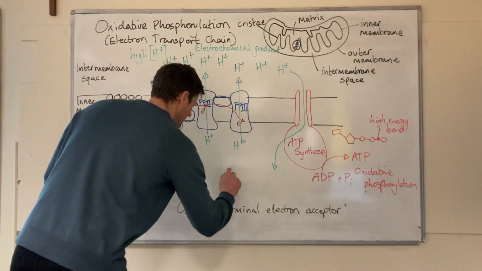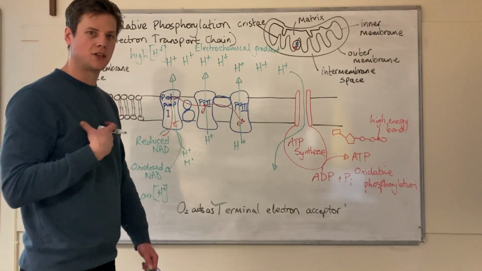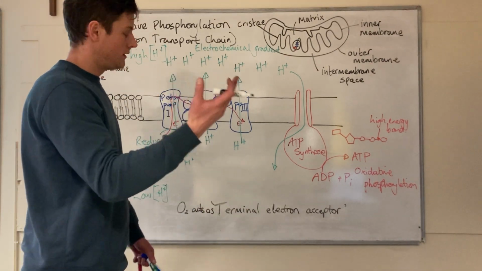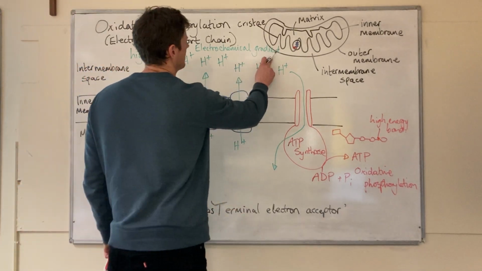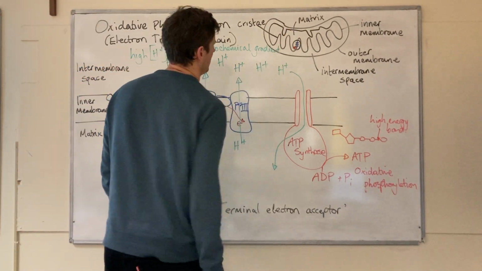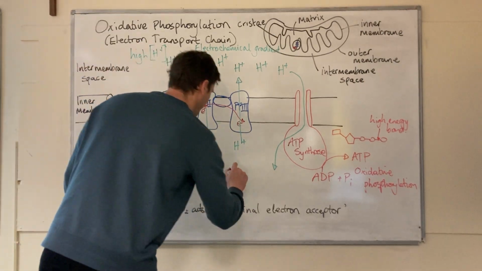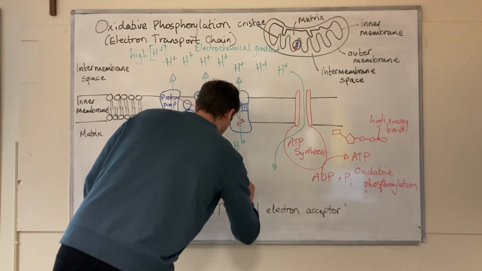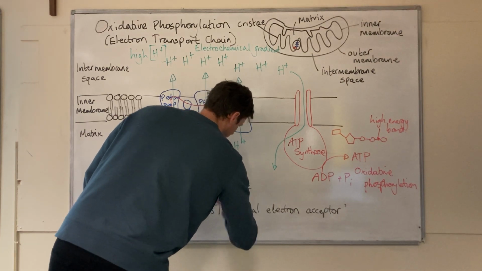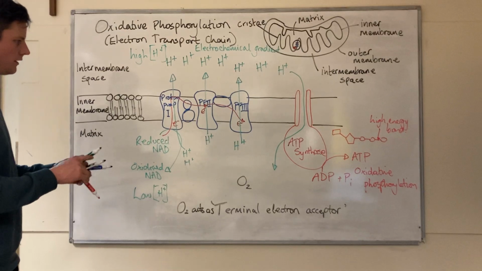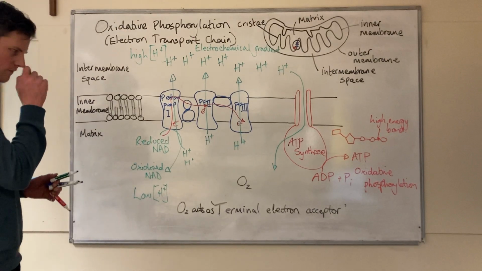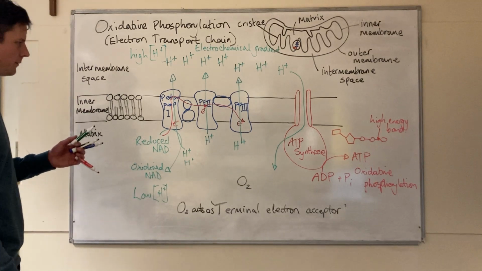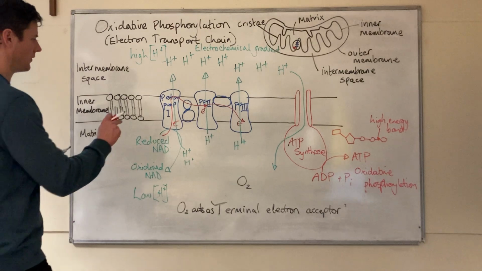Well, let's imagine oxygen has moved into the cell from the blood, perhaps, into the cytoplasm, and from the cytoplasm into the matrix. And this oxygen is now in the matrix. Just to make this balance, I am going to add a couple more things.